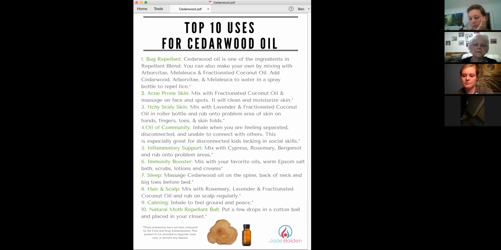And so if you want to make it stronger, you add arbor vitae, melaleuca, and fractionated coconut oil with that. If you want to do a hair lice spray, add cedarwood, arbor vitae, melaleuca in water and spray it on the hair. We lived in the outback in Australia.